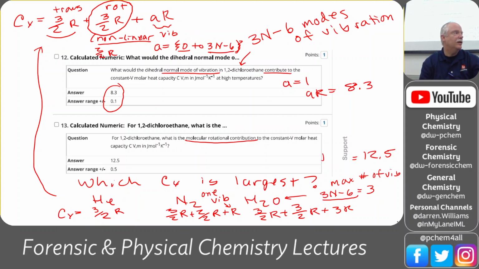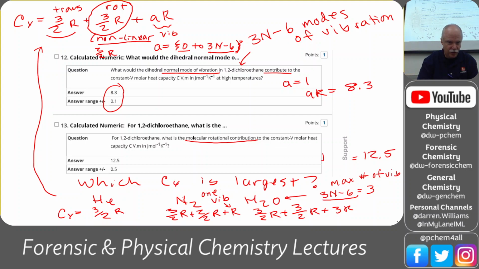But the maximum is 3n minus 6 for a nonlinear molecule. Even if you just look at room temperature, water would be the highest as well because it's nonlinear versus linear. For A, it can range between 0 and 3, because A is whether it's active or not at whatever temperature you are. So A is temperature dependent. 3n minus 6 or 3n minus 5, those are the maximum values.